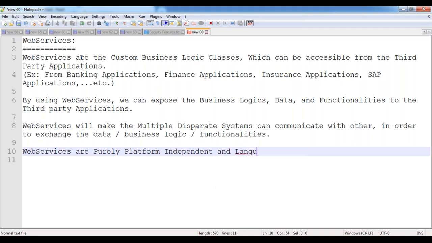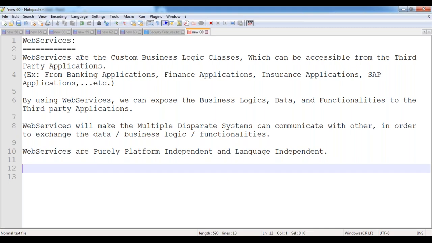Web services are purely language independent. They are purely platform independent and language independent.